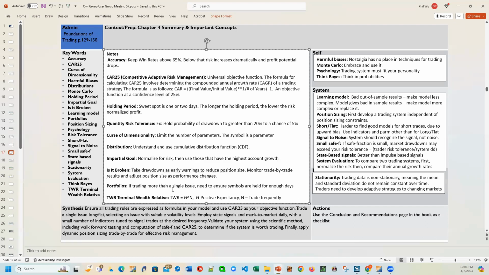I've read chapter 4, and I went into the index and found that on pages 40 through 45 or so, he talks about safe F, dynamic position sizing and the CAR 25.